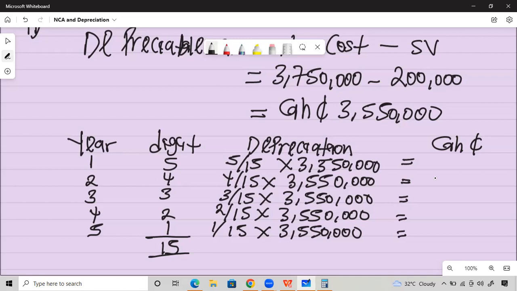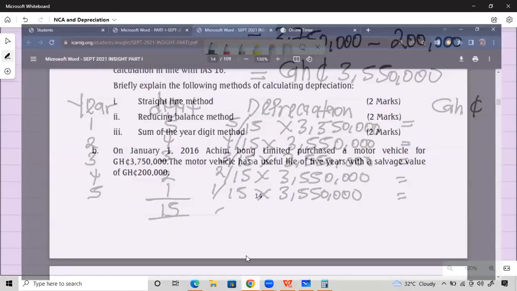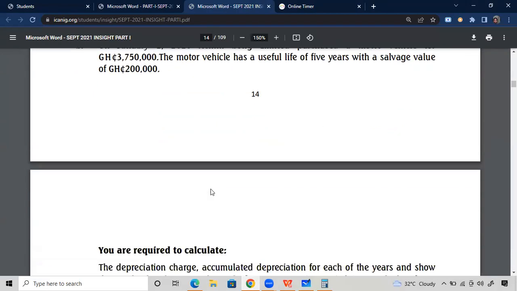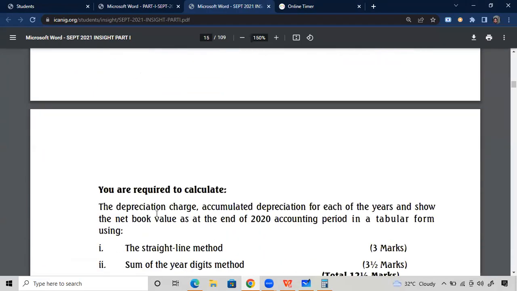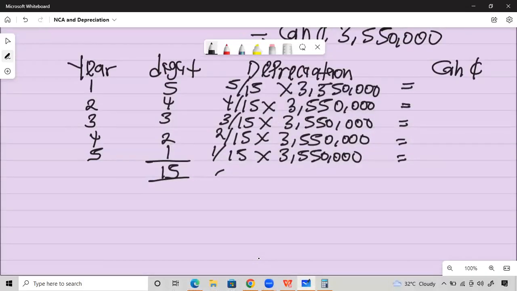So now they ask you to prepare a schedule. You can see the requirements. You are required to calculate the depreciation charge, accumulated depreciation for each of the years, and show the net book value at the end of the 2022 accounting period in tabular form. So you are not through yet. You need to come down and say year.